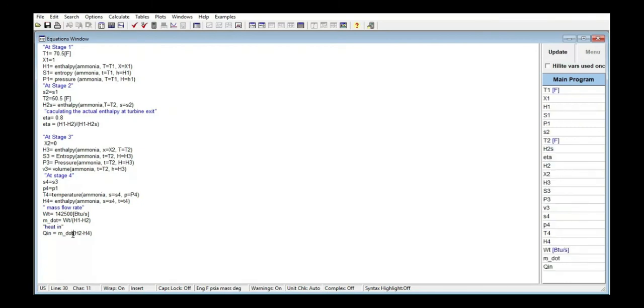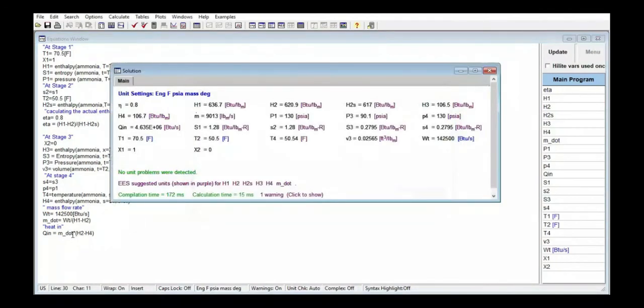We'll add the multiplication sign over here. Okay, so here comes the Q in, 6.35 into 10 to the power 6.